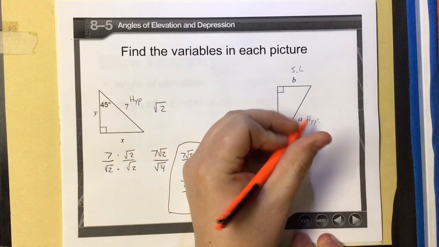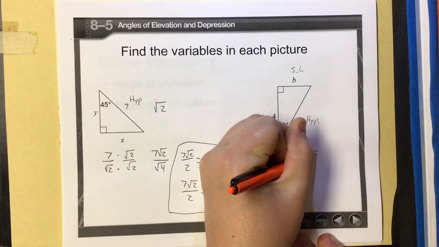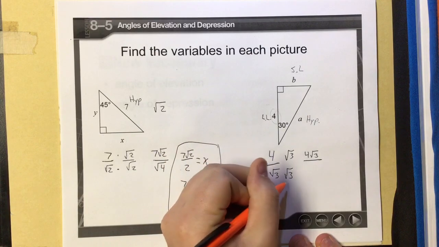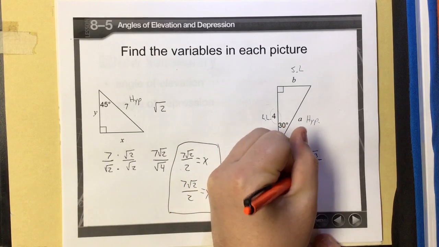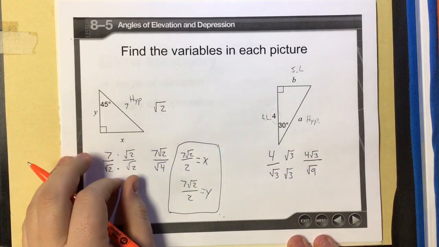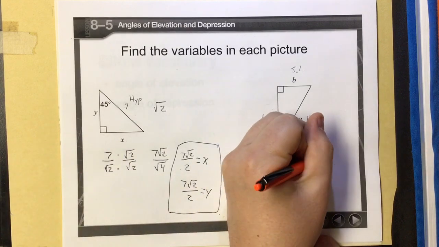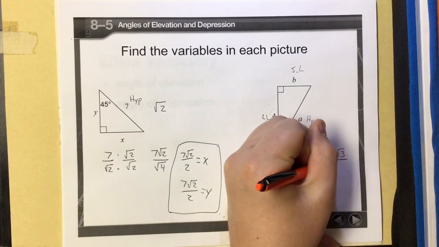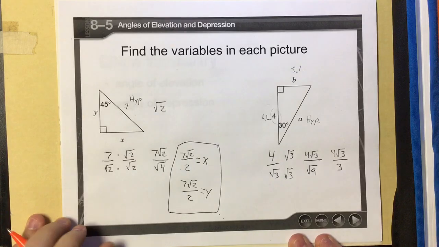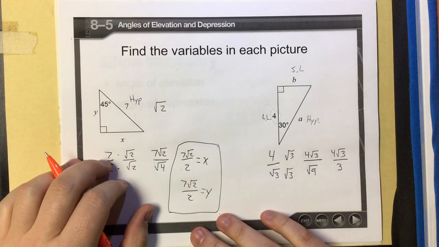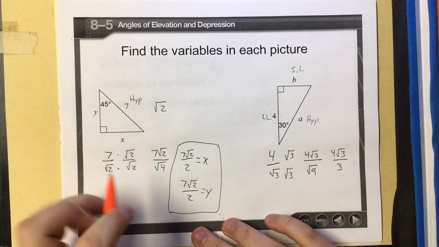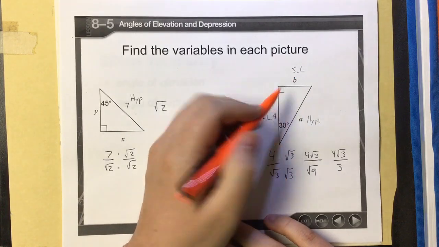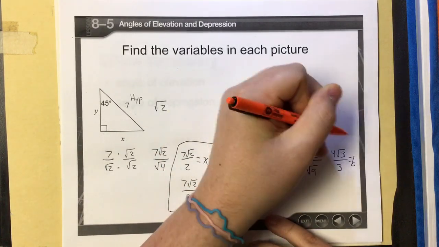So 4 times the square root of 3 is 4 square root 3. Square root 3 times square root 3. 3 times 3 is 9. So square root of 9. And the square root of 9 is 3. No longer have a square root in the bottom, so we're good. That is our short leg, which they call B in this picture. So that is B.